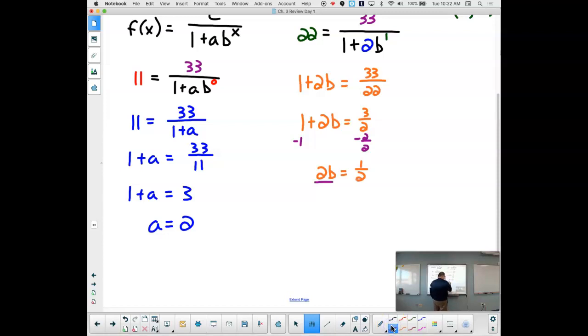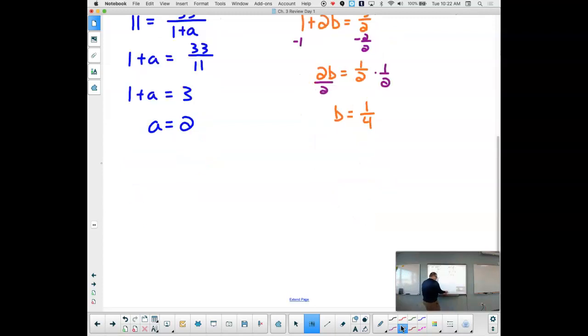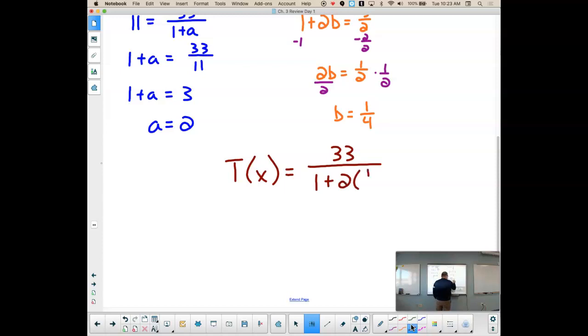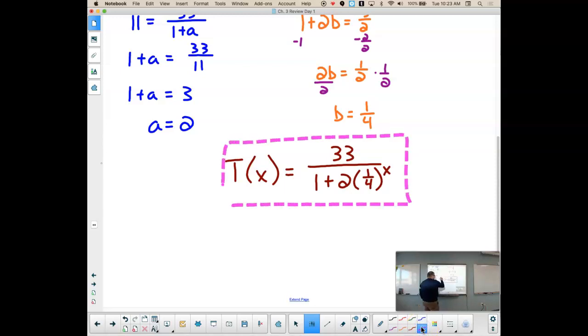Dividing by 2 is the same as multiplying by 1/2, gives me b is 1/4. So my function, my tomato function, if you will, t of x is going to equal 33 over 1 plus 2 times 1/4 to the x power.